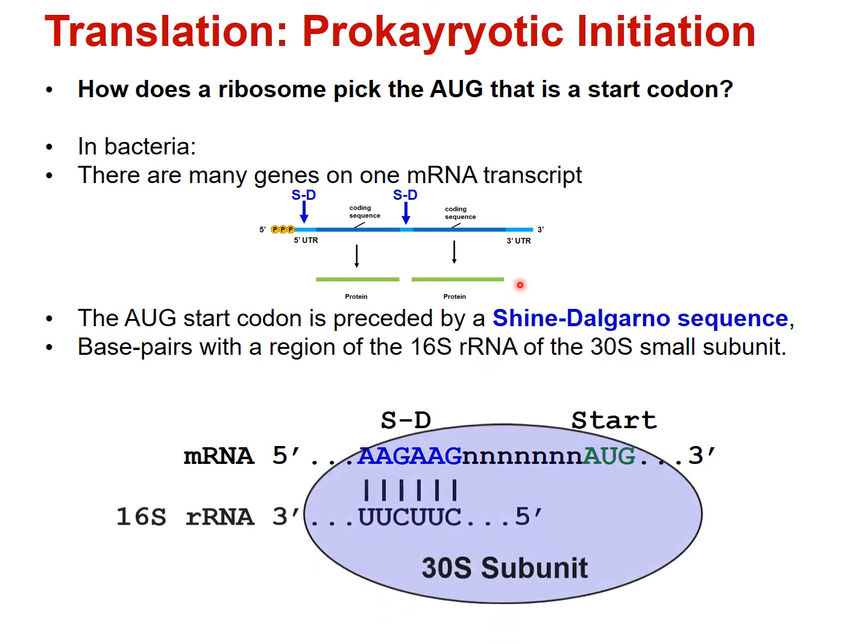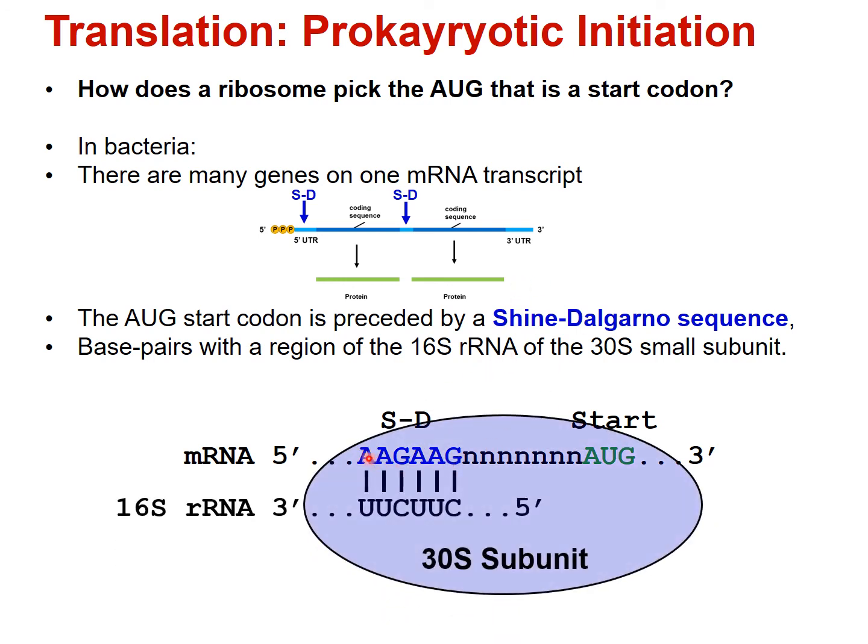So what does this do? This sequence here in the messenger RNA is bound by a complementary sequence in the ribosomal RNA. So it's these two pieces, the start codon and this Shine-Dalgarno, that designate where a start codon is going to occur in a bacterial messenger RNA.